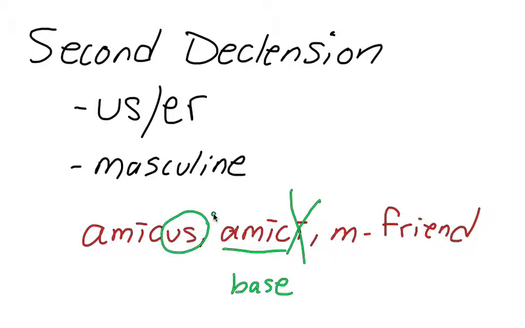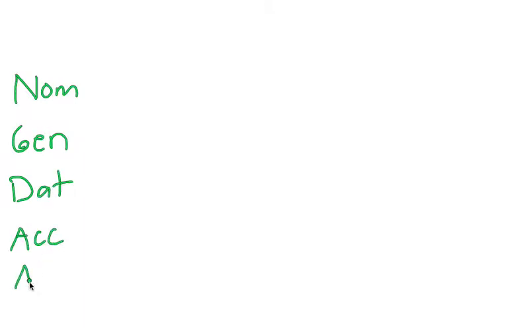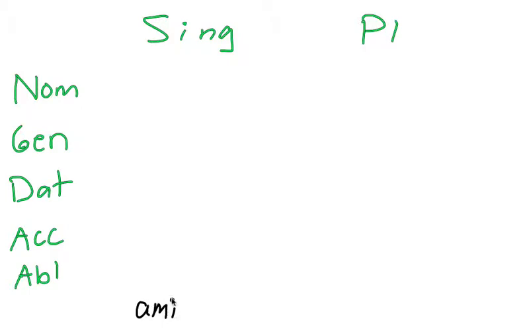Now we're going to set up a chart and decline the noun amicus. I'm going to set up nominative, genitive, dative, accusative, and ablative, and also a singular and a plural. At the bottom of the screen I'm going to rewrite the vocab entry: amicus, amici, masculine, friend.